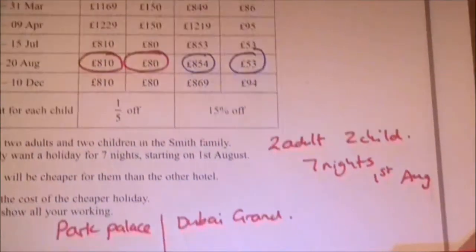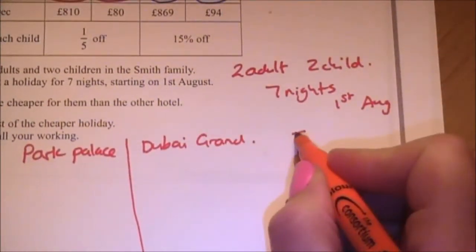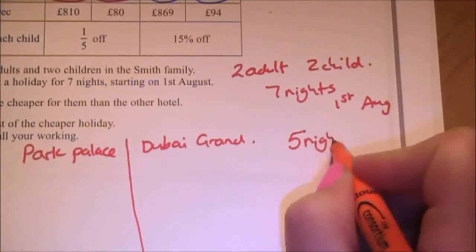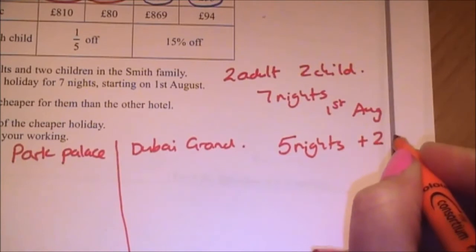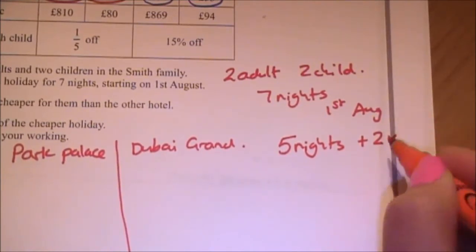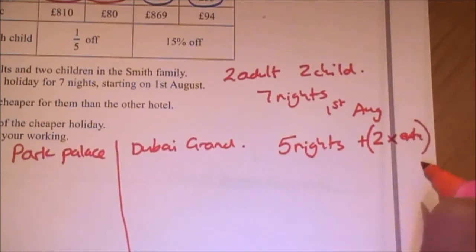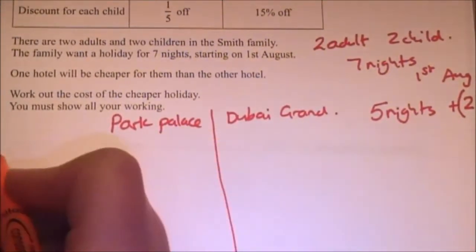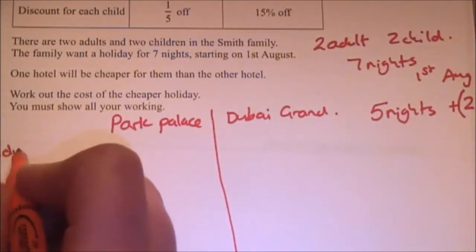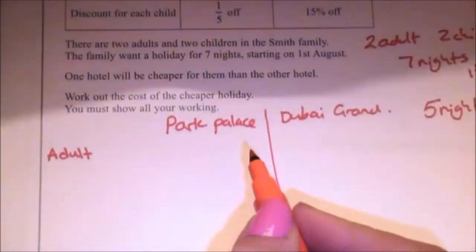Now remember, we are going for 7 nights. So what I pay is the fixed price for 5 nights, and then I have to add on 2 lots of my extra night. Okay, so let's work out the cost first at Park Palace, and we'll do it for an adult because that's the easiest one before we have discounts to worry about.